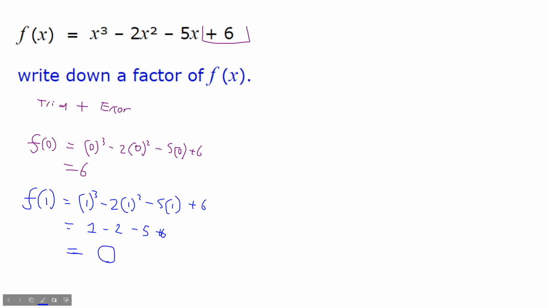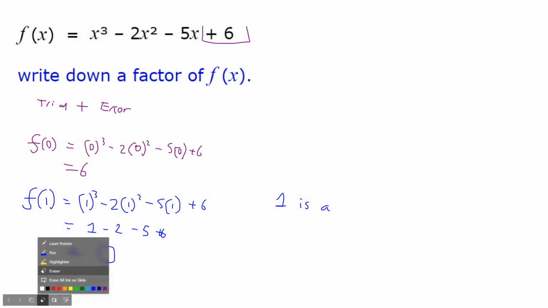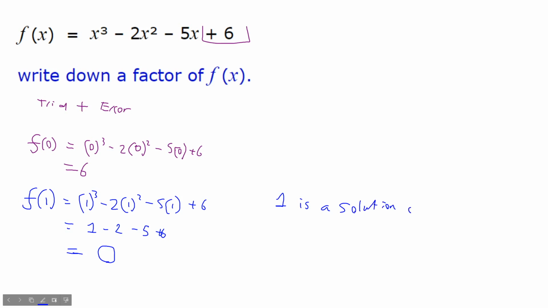And so we can safely say that 1 is a factor. No, not a factor, a solution of f of x. And so therefore, x minus 1 is a factor of f of x.